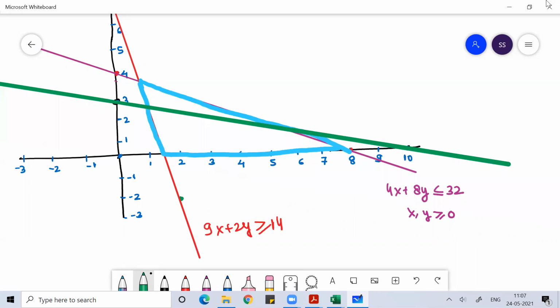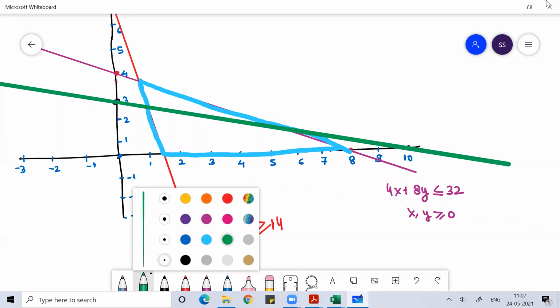Okay, can you understand this? So this would be your third line. Your third line, this is your third line, and this line represents what?